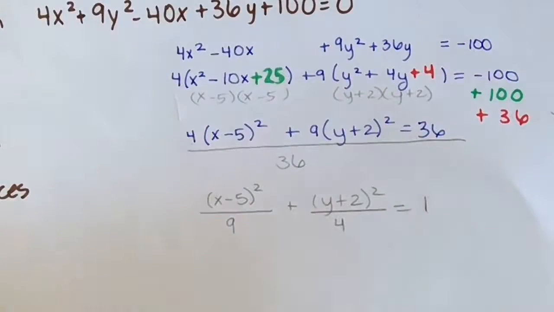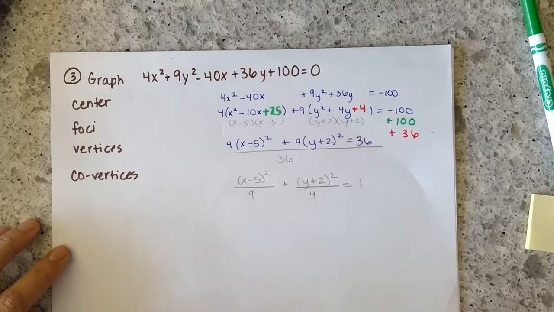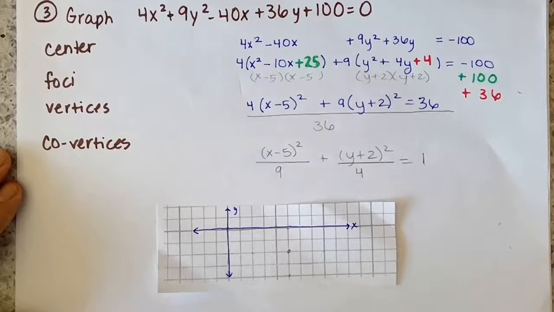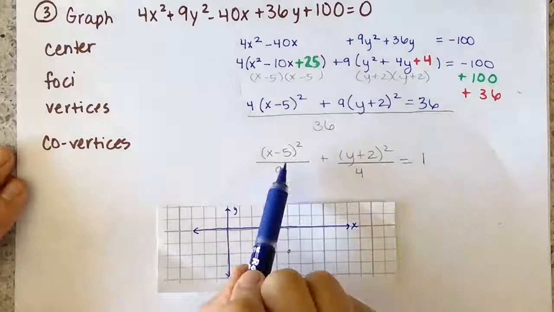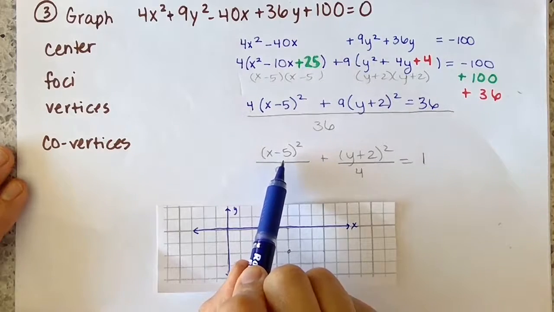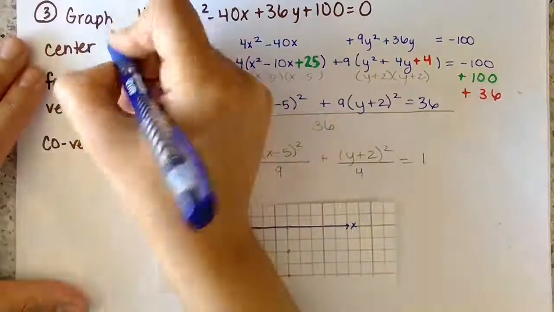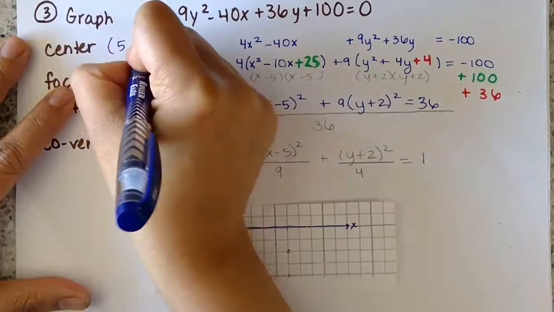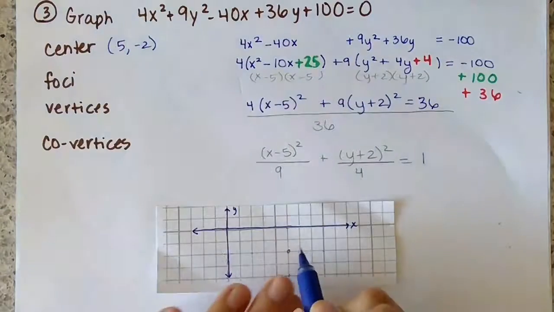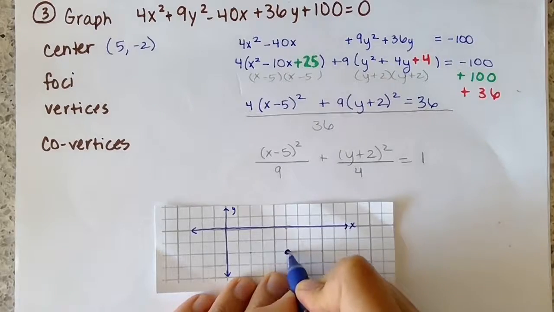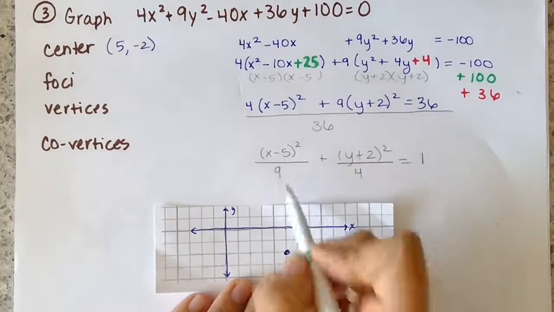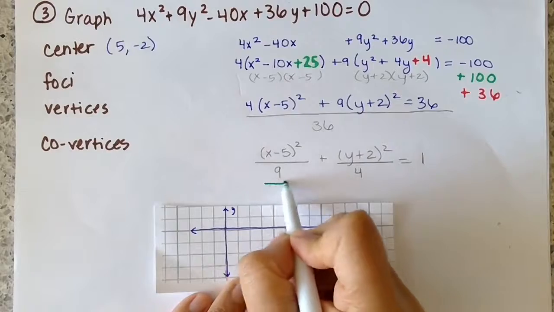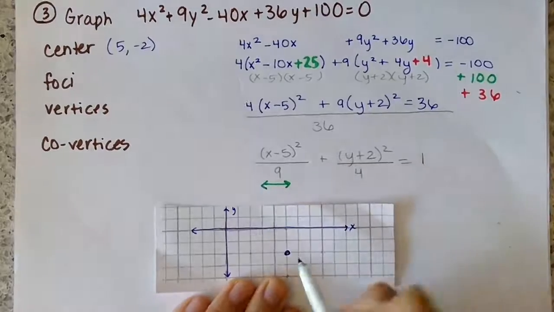Now I'm going to go back and answer all these questions. So my center is going to be opposite of negative 5, positive 5, negative 2. Graphing it, positive 5, negative 2. The number underneath the x tells you how much you move horizontally from your center.